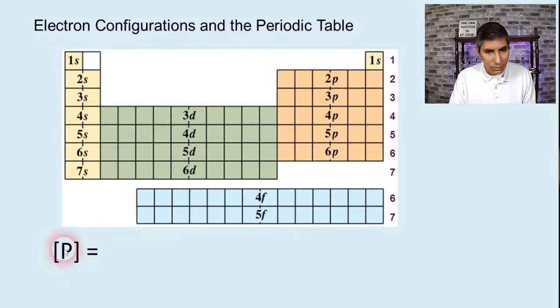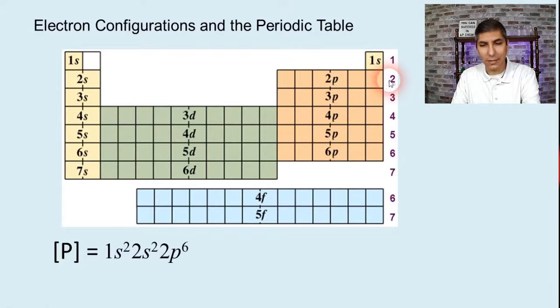So we're going to start with phosphorus, and we always start with 1s, and there are two boxes there, so it's 1s2. And then after 1s, we have 2s, and there are two boxes there, so it's 2s2. And after 2s, we have 2p. And there are 1, 2, 3, 4, 5, 6 boxes in that section, so it's 2p6.